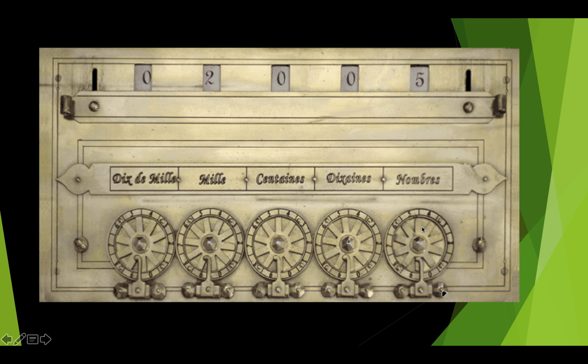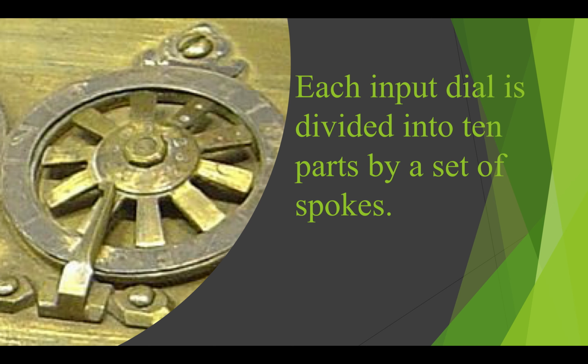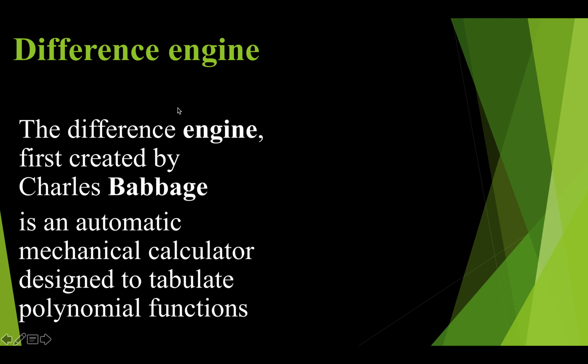Just below these you can see nice little round circles covered by numbers, which almost look like bicycle wheels. Those are input dials. Each input dial is divided into 10 parts by a set of spokes. What are the spokes? Spokes are the spaces between the rods in the input dials.